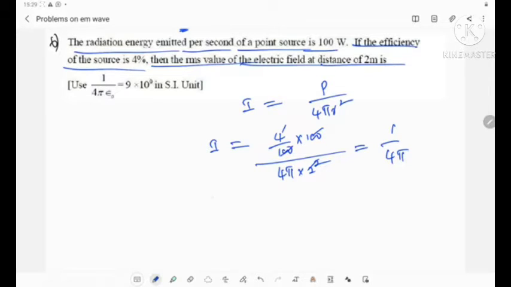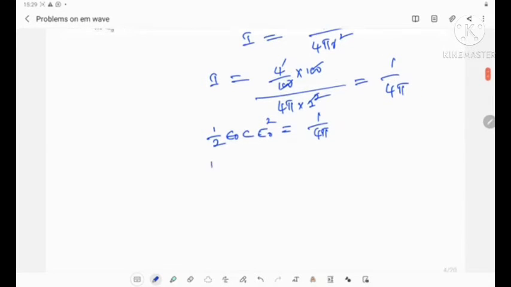But intensity here, 1 by 2 epsilon naught C E naught square is equal to 1 by 4 pi. This becomes 1 by 2 epsilon naught, which is nothing but 1 by 4 pi into 9 into 10 to the power of 9, and C is 3 into 10 to the power of 8, and E naught square is equal to 1 by 4 pi. 4 pi cancel, this 10 to the power of 8 here cancels.